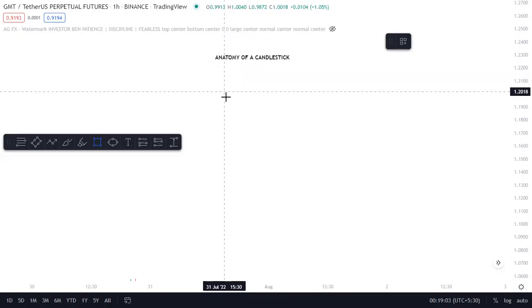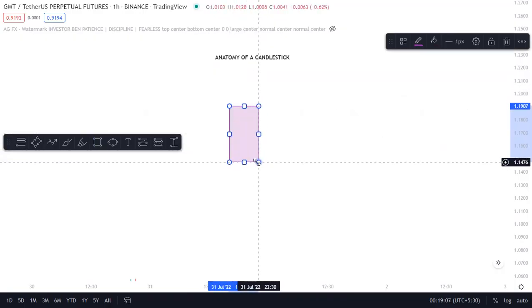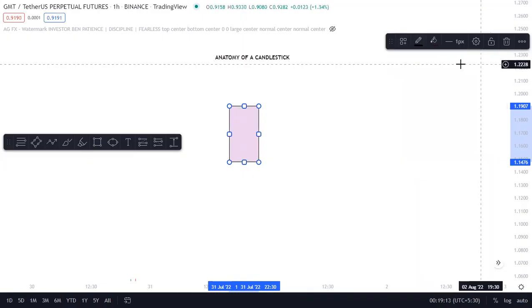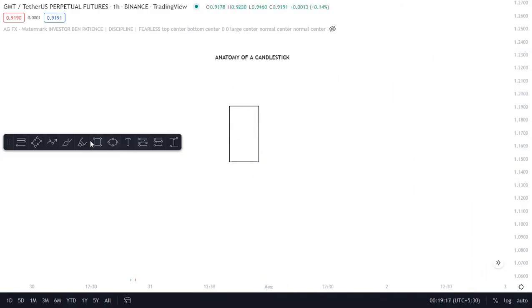Now, in the anatomy of a candlestick, here I'll be using white as a bullish candlestick. So white will be standing as a bullish candlestick, and black will be a bearish candlestick.